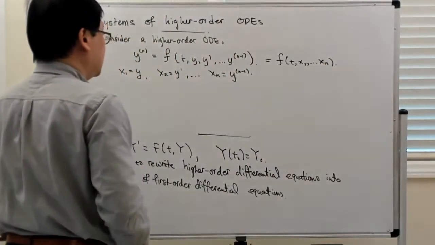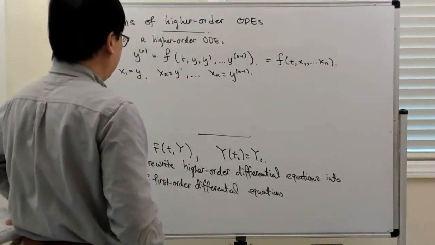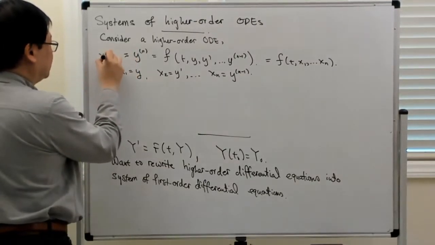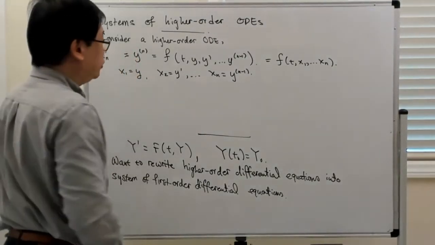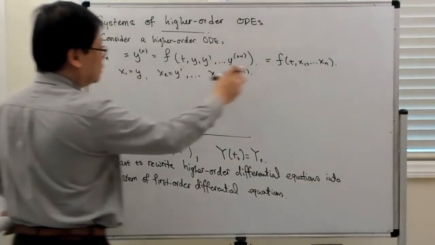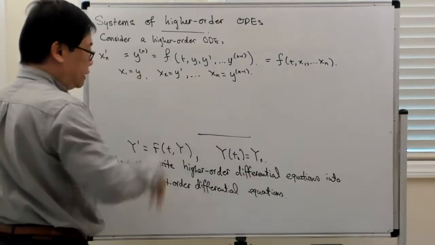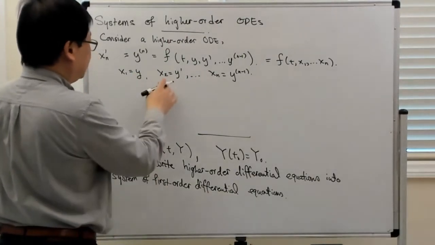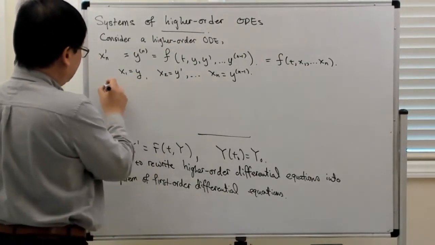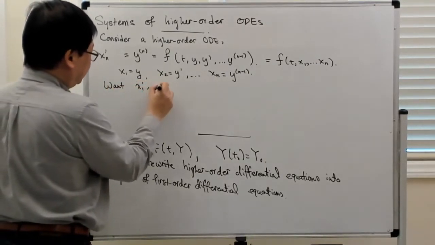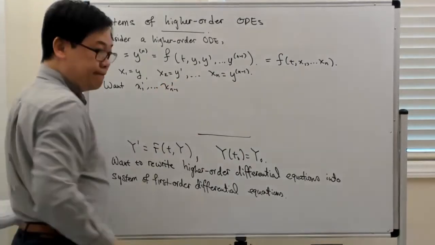Okay, and of course the left-hand side becomes xn prime. Okay, so that's one of the equations: xn prime is equal to f of t, x1 to xn. And then we want to write the other equations. Okay, so the other relationships, so I still want x1 prime all the way up to x(n minus 1) prime.